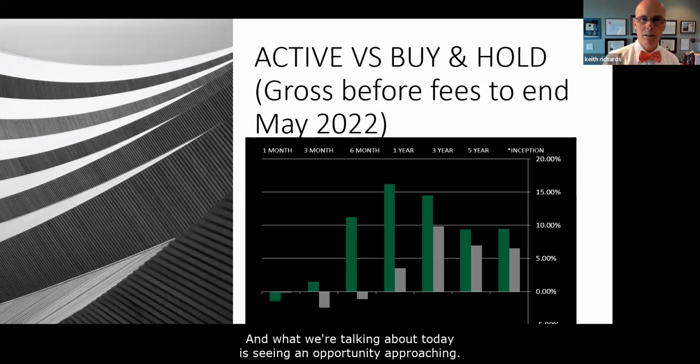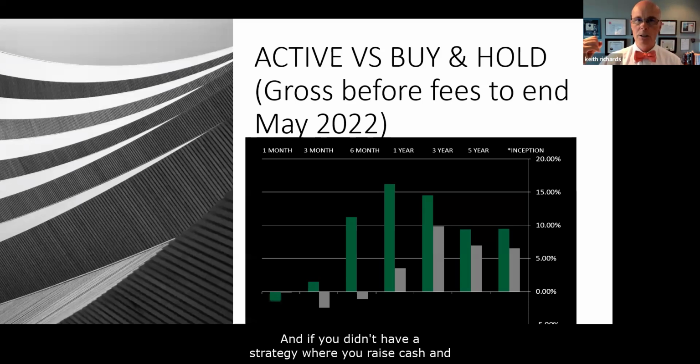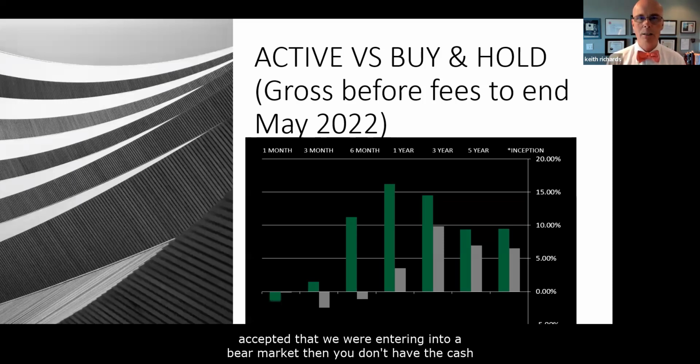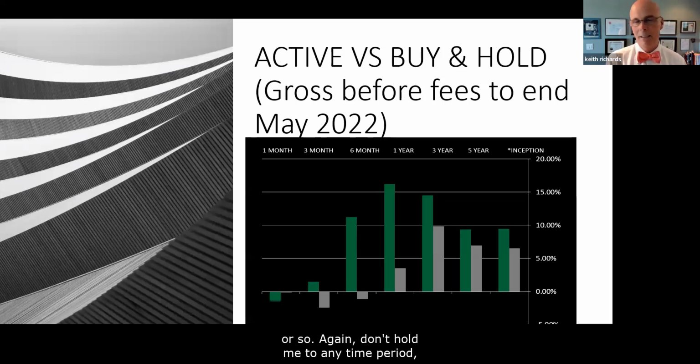And what we're talking about today is seeing an opportunity approaching. If you didn't have a strategy where you raised cash and accepted that we were entering into a bear market, then you don't have the cash to buy into this bottom that's very likely to come in the next few months or so. Again, don't hold me to any time period, but you need cash right now because the bottom is closer than you expect.